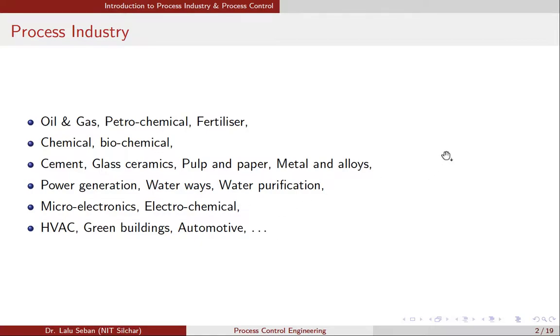Now let us look into some of the main process industries. When we say process industry, the first industry that comes to our mind might be oil and gas.